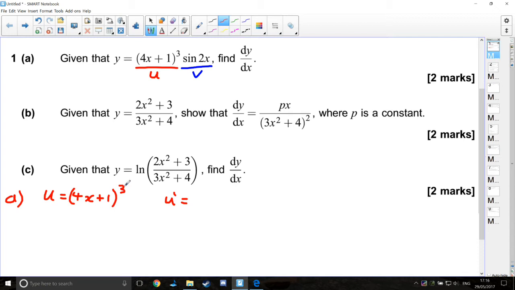So the 3 drops down to the front, what's in the bracket remains the same, and we get a 2 up here. The derivative of 4x plus 1 is just 4, so we multiply by 4 and end up with 12 lots of the bracket squared.